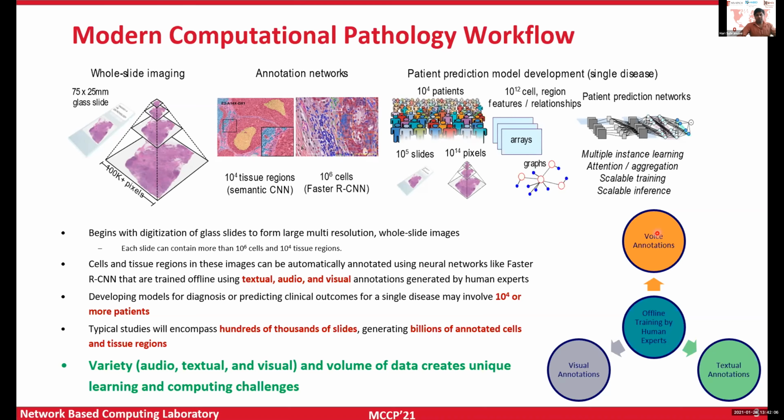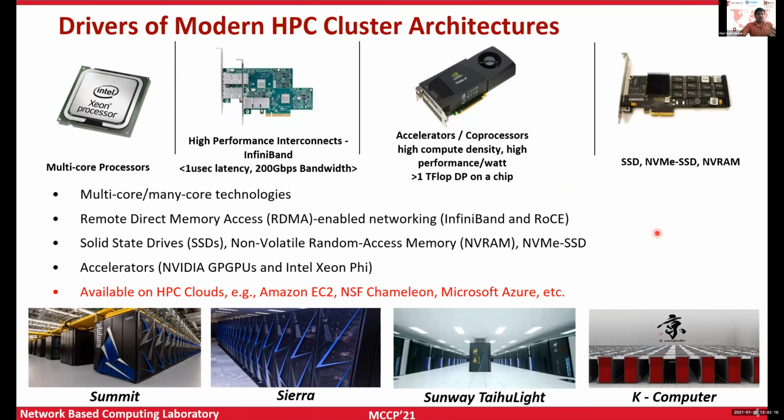Now, how do you ensure that we are able to train on such very large data sizes in time? So enter HPC. High performance computing has been used by traditional scientific simulation domains for the last couple of decades.